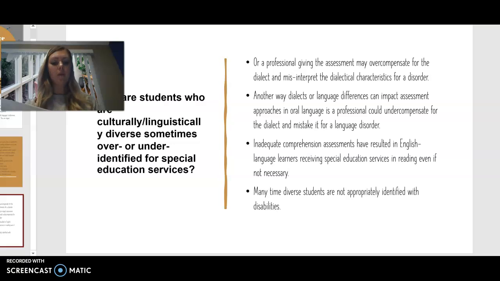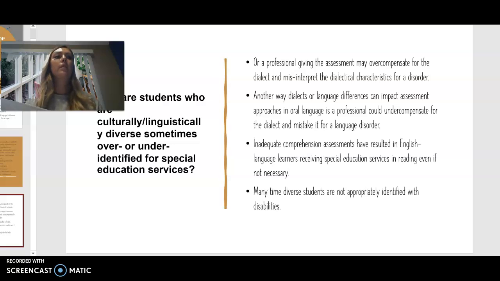It can be mistaken for one. So sometimes the professionals doing the assessment don't recognize the dialect or the receptive and expressive language, and they can make errors in that assessment.